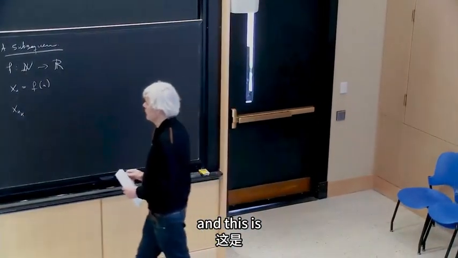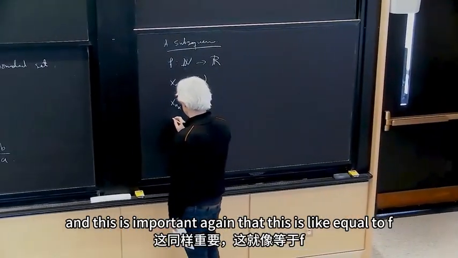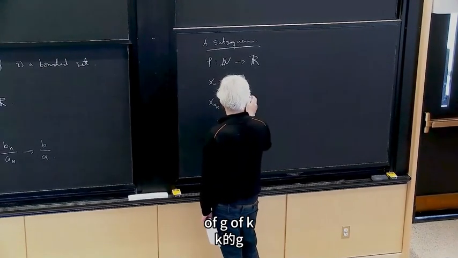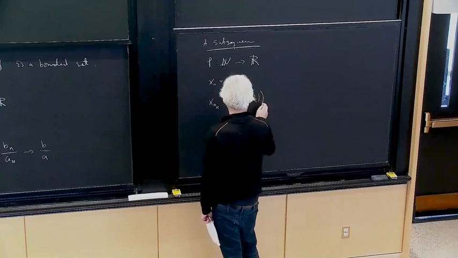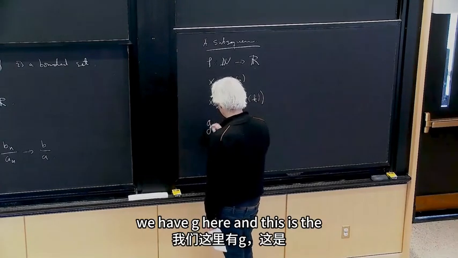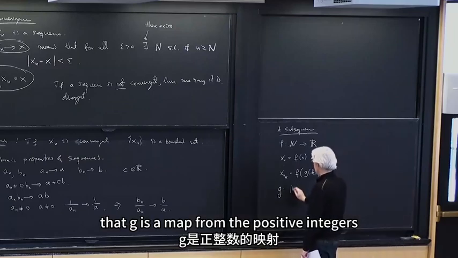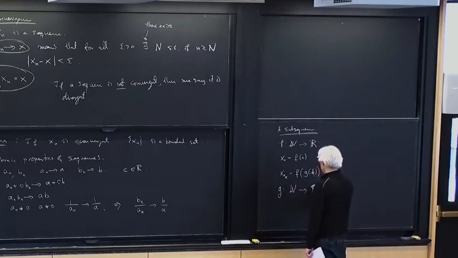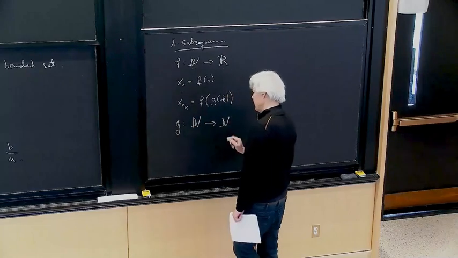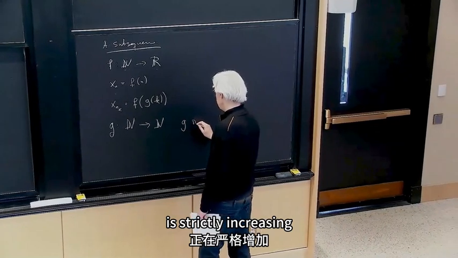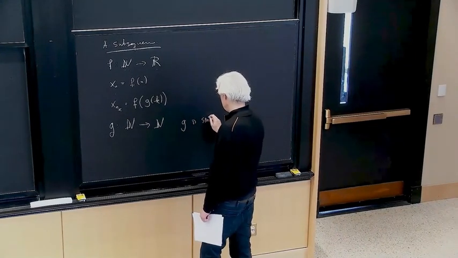And this is important, that this is equal to f of g of k, where g is a map from the positive integers into the positive integers. And the really important property is that g here is strictly increasing.